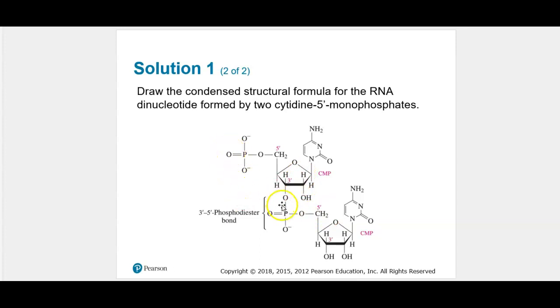So it's 5', 3', 5', 3', and then this one's going to go 5' to 3', and then this one's going to get attached to another 5', and so forth. Think about this and just absorb it, because it's going to move in that direction all the time.